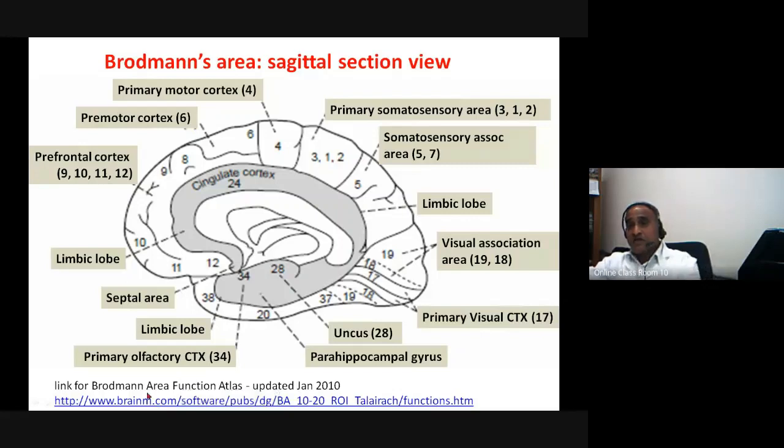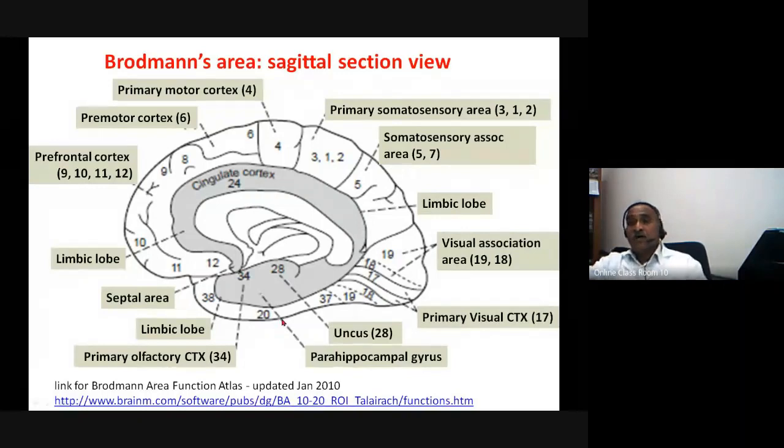This one I have taken from the Brodmann area function atlas, which is updated in January 2010. So it's very latest, and it is one of the things which would be very useful to you in the coming years. As its importance increases, you will know more about it.